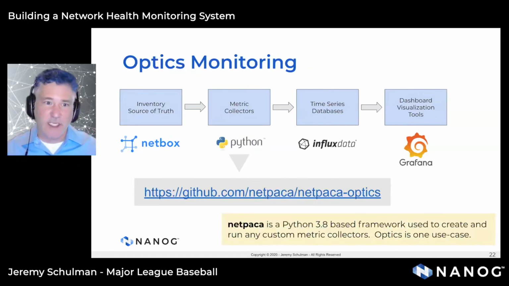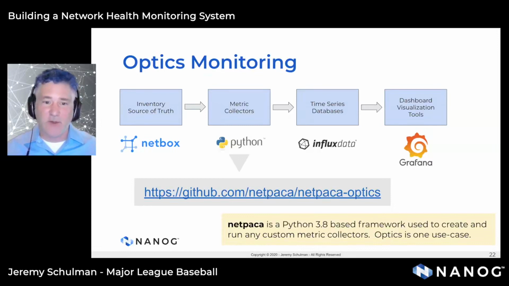But when I built the health optics monitoring, the choices that I made: I used NetBox for our inventory source of truth. It does a very good job of allowing me to store all sorts of types of context data. For the metrics collector, I ended up writing a framework that would allow me to collect the metrics and then synthesize and normalize them as a piece of code.